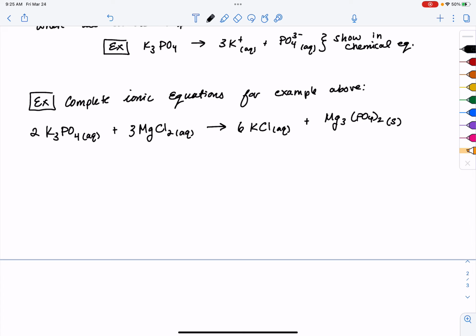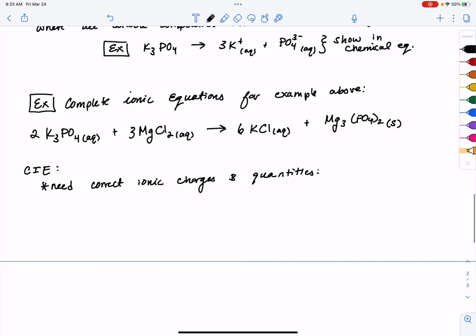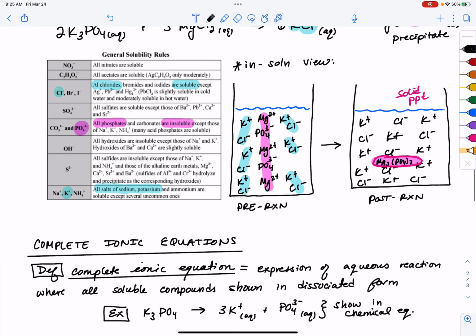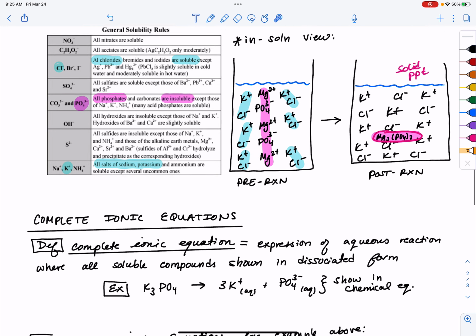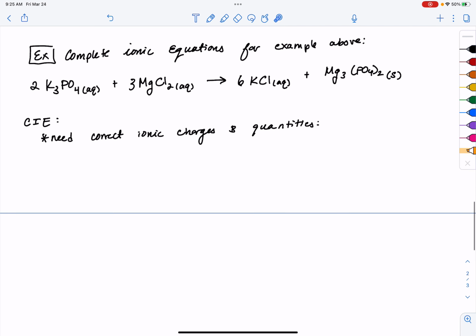So if I were to write the complete ionic equation, I need to have my correct ionic charges and my correct quantities. So this is going to be very similar to what we did when we made our in-beaker view of this reaction. We're now just going to write it out as a chemical equation.